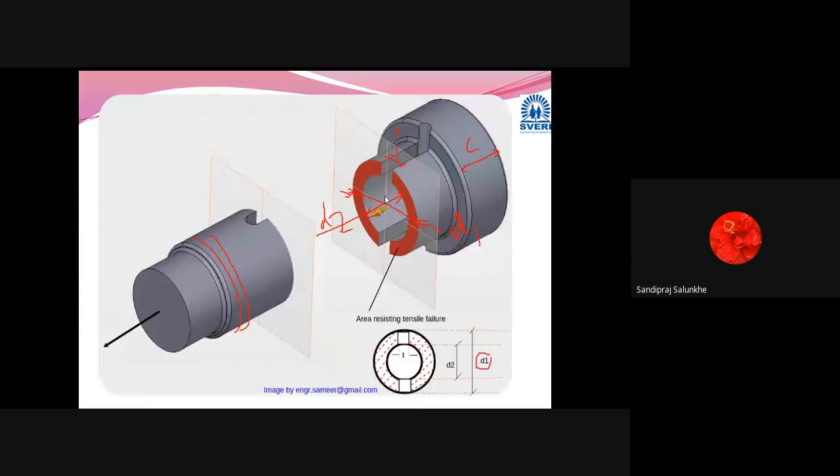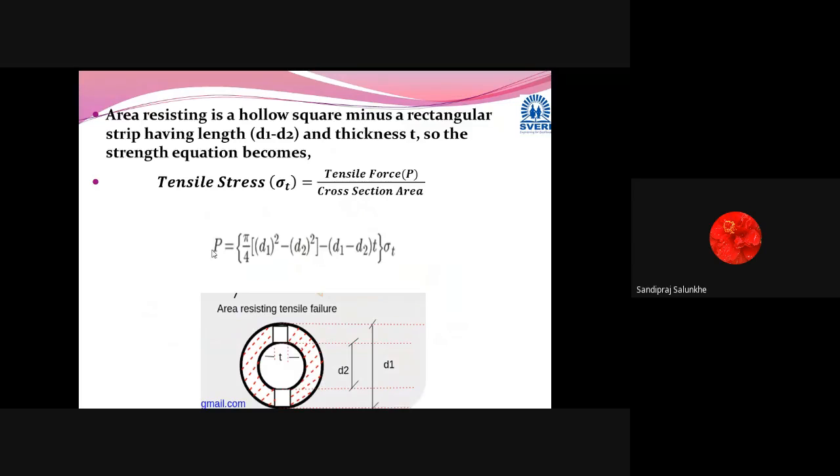In this case, this red area sustains that force, and P is the force applied, and sigma T is the tensile stress generated in that area.